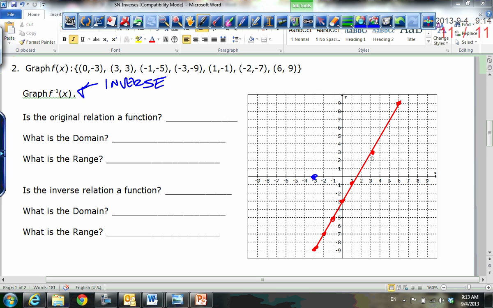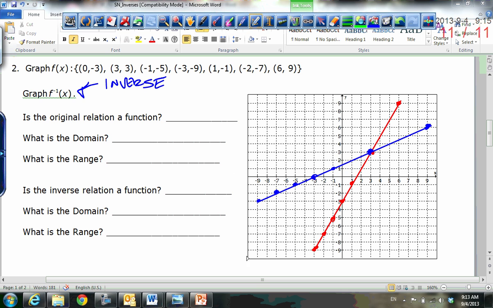Does my 3, 3 change at all? No. Then I've got -5, -1, -9, -3, -1, 1. Connect all my dots once again.